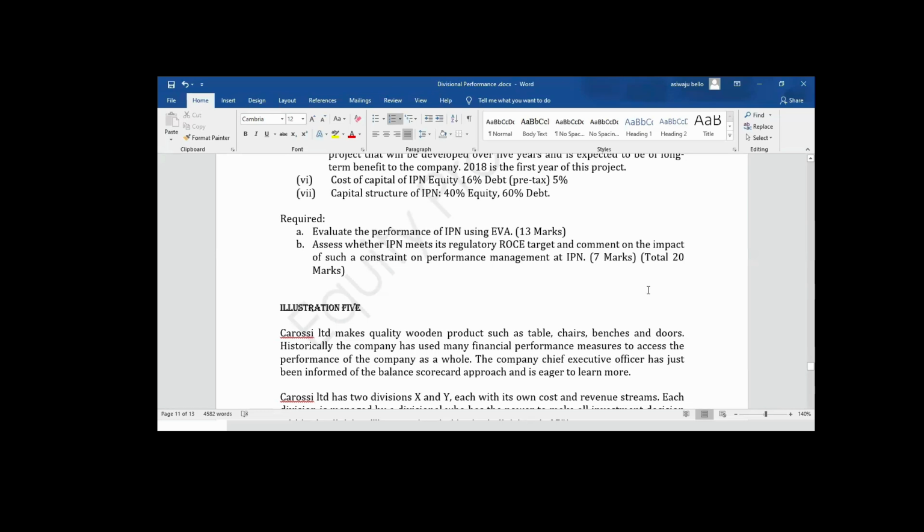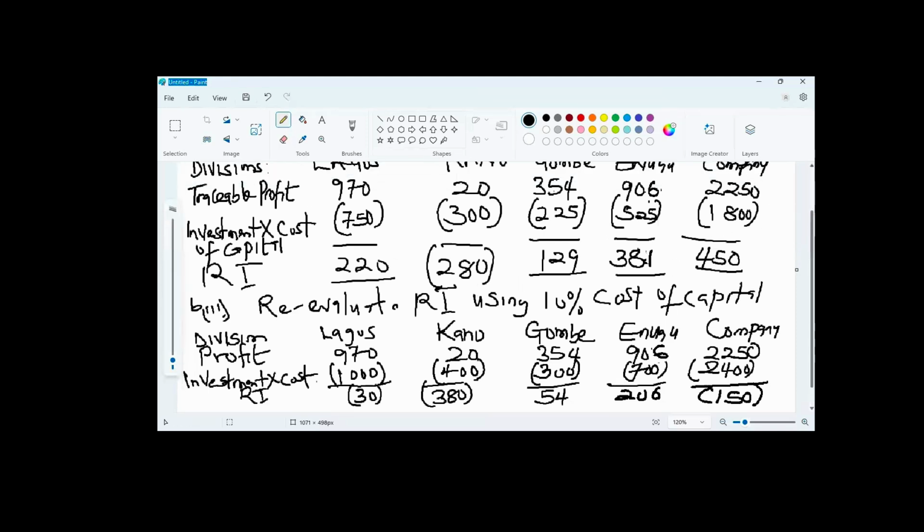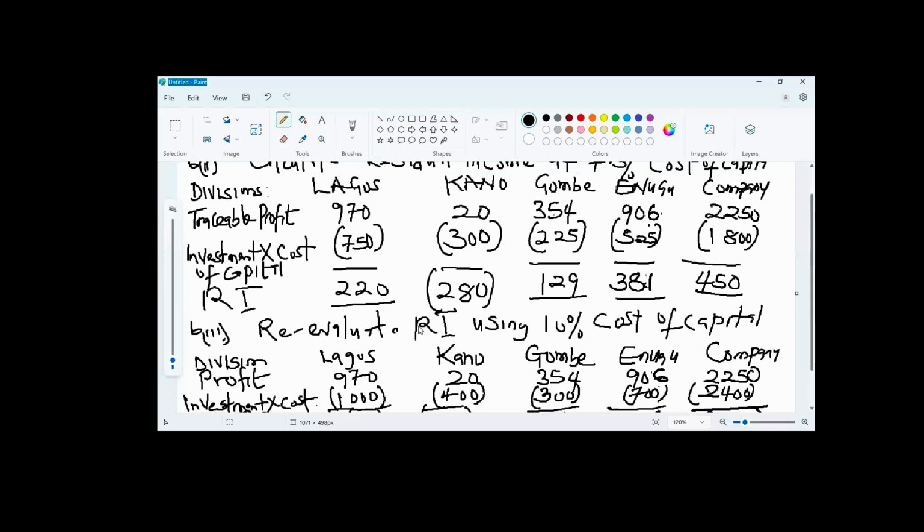Have we computed? Kano is showing that it is not even doing well. It's reporting loss. In terms of return on investment, Kano is still giving a return of 0.5% on investment. For residual income, Kano division is not making enough profits to meet the expectation of the suppliers of capital.